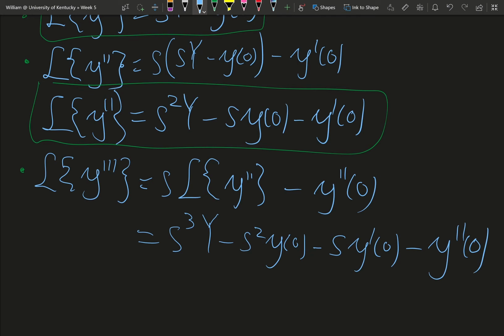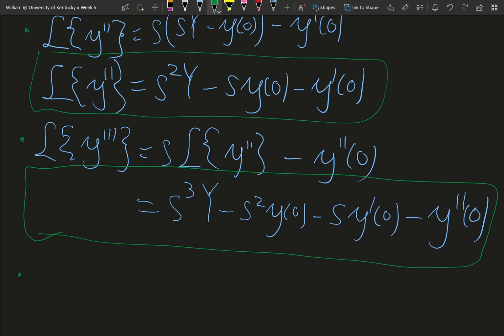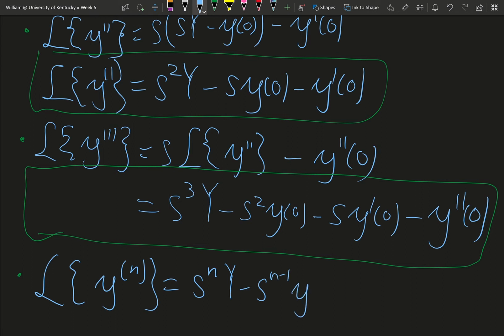And this pattern increases. So the Laplace transform of the nth derivative of y is s to the nth power times Y minus s to the n minus first power times y of 0, all the way down, minus s times the n minus second derivative evaluated at 0 minus the n minus first derivative evaluated at 0.